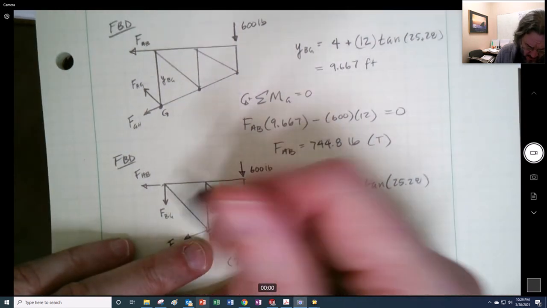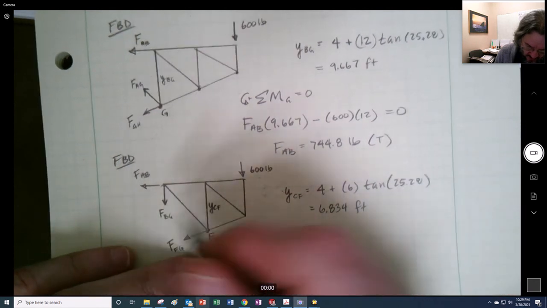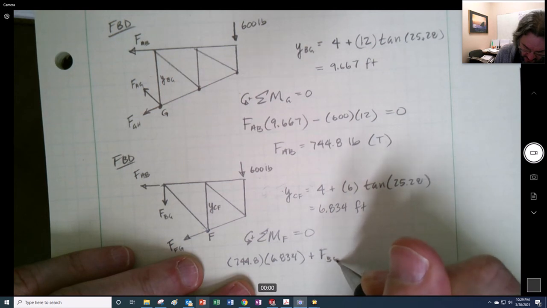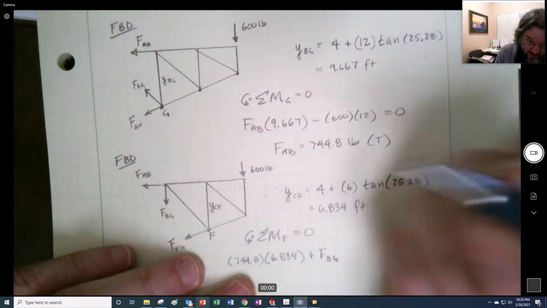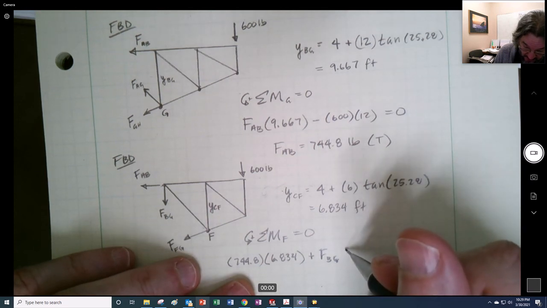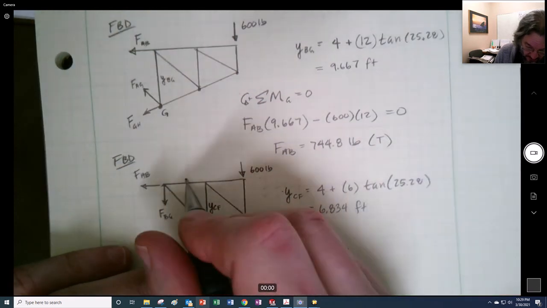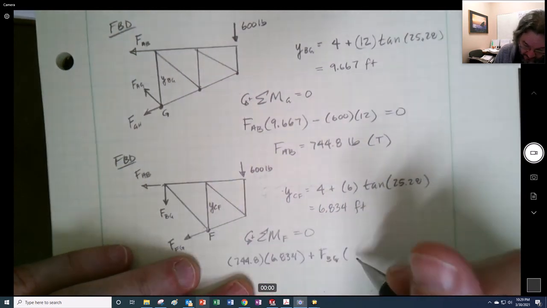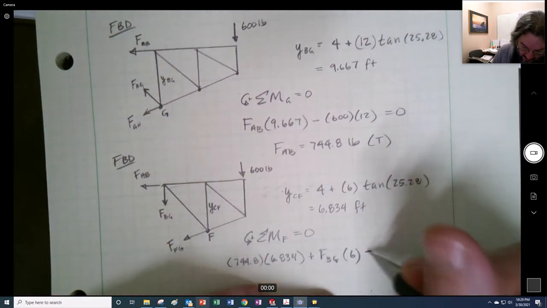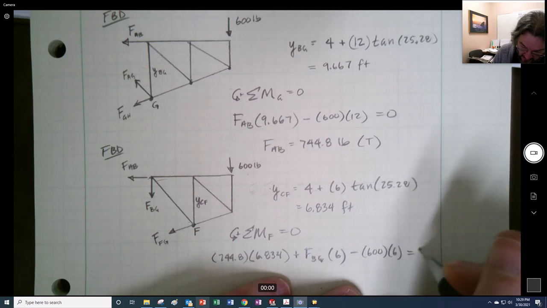And now we're also going to have counterclockwise FBG, and I'm just assuming it's going downwards right here. It could be in compression, by the way. We'll find out in a second. That's going to be 6. Nope, just 6. Sorry, it's coming along here. 6 FBG, and then minus 600 times 6 equals 0.